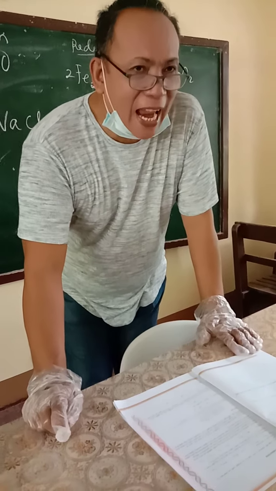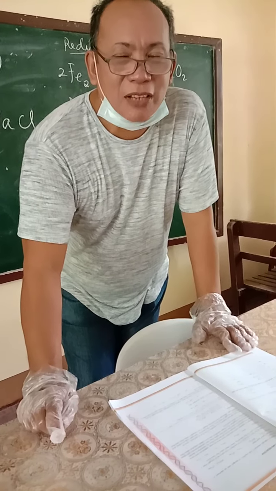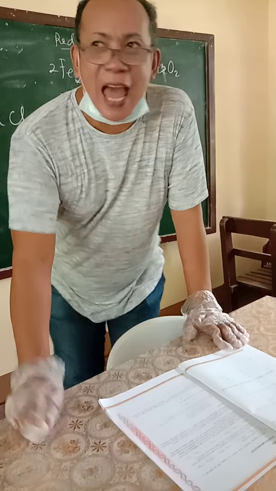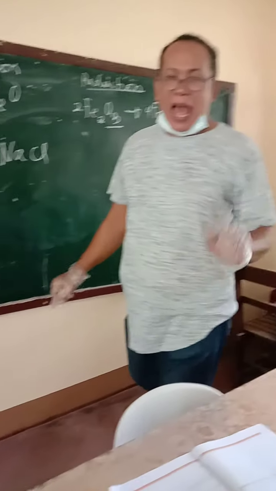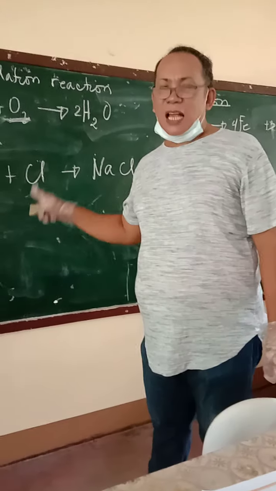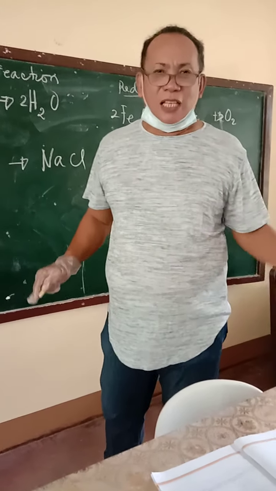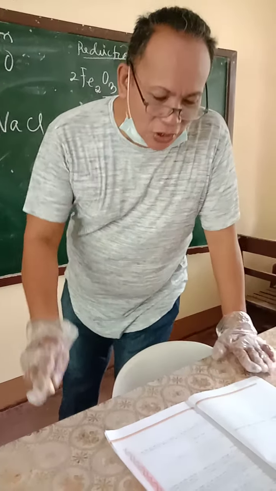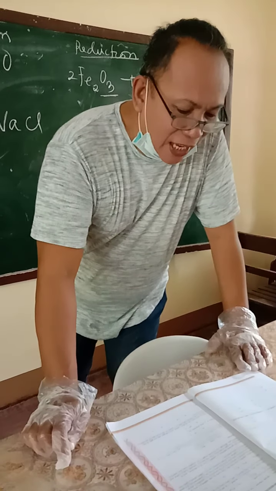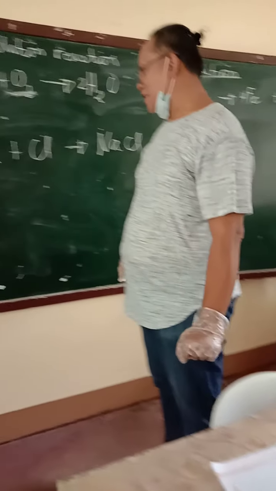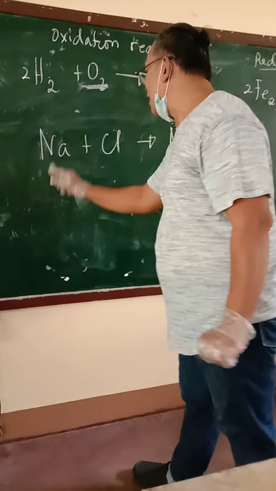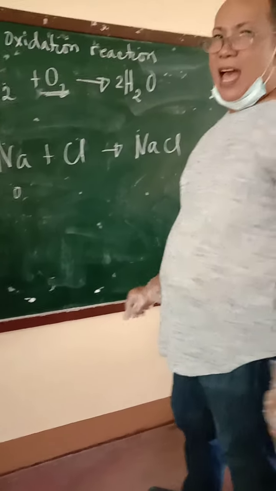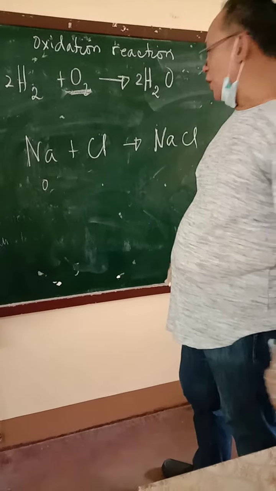So, meaning to say, ang oxidation or reduction reaction, dili kay presence of oxygen o removal of oxygen. Another thing is, ang oxidation, losing of electrons, ang reduction is gaining of electrons. Say for example, in this kind, 0 is the oxidation number for sodium.